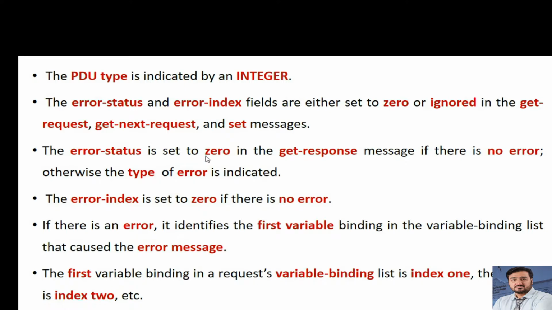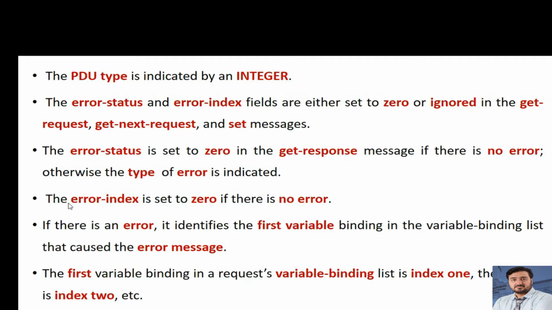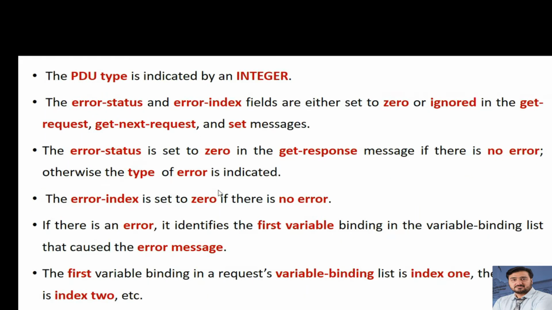The error status is set to 0 in the get response message if there is no error, otherwise the type of the error is indicated here. The error index is also set to 0 if there is no error.